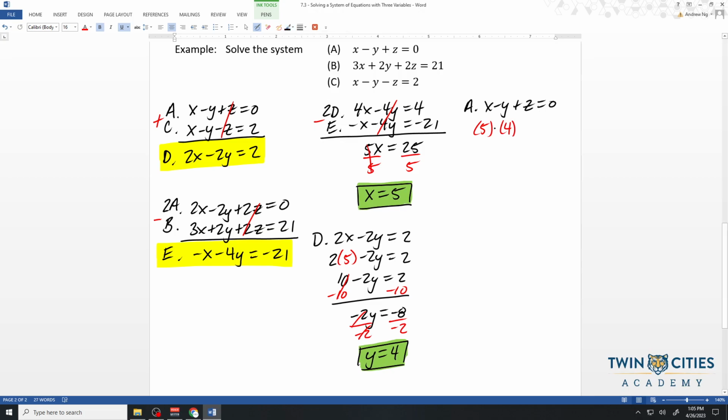So this will be 5 minus 4 plus z is equal to 0. 5 minus 4 is 1, plus z is equal to 0. And subtract 1. z equals negative 1. This means in three-dimensional space, these three planes will intersect at the ordered triple 5, 4, negative 1.